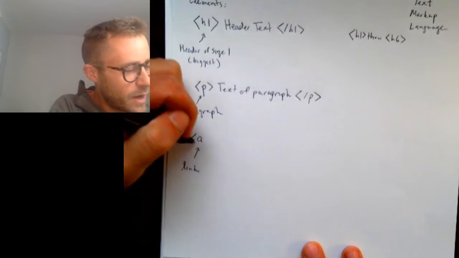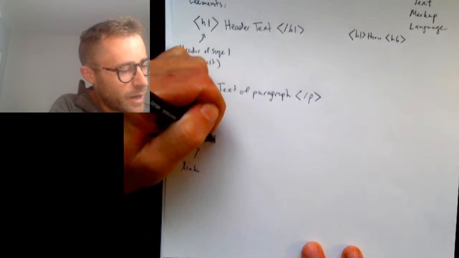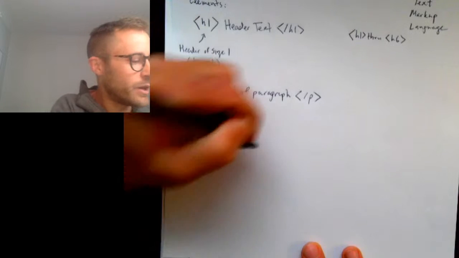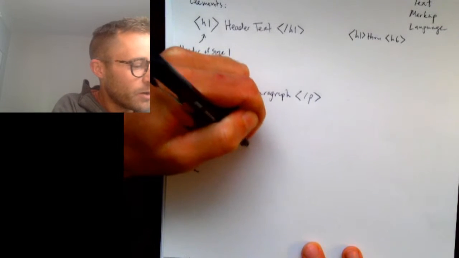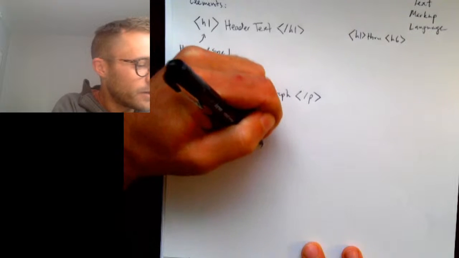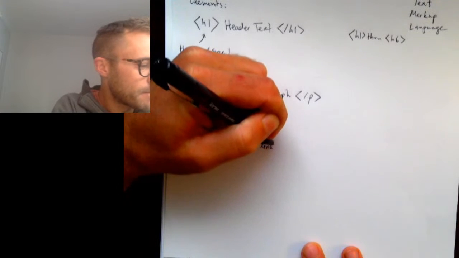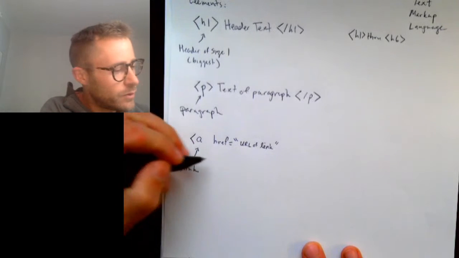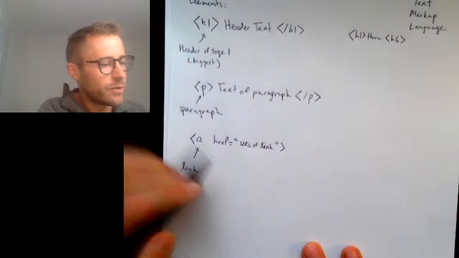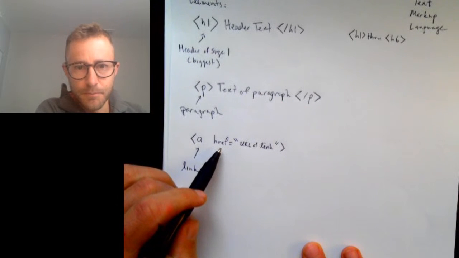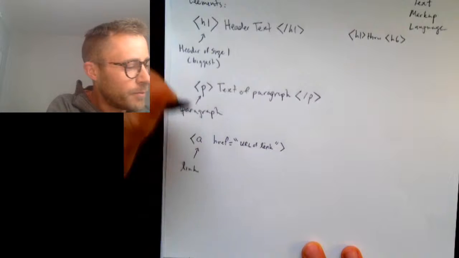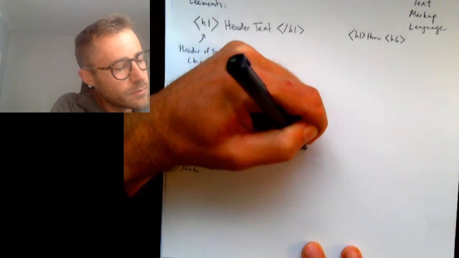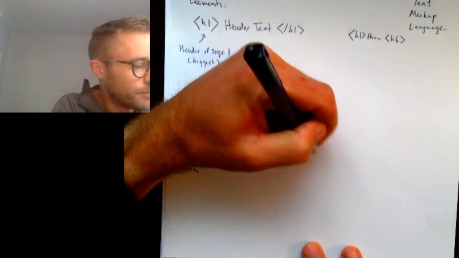So you have A, and then you put href equals, and then in quotations, the URL of the link. Okay. So that's basically where it is going to link to. All right. And then you put the link title, I guess.